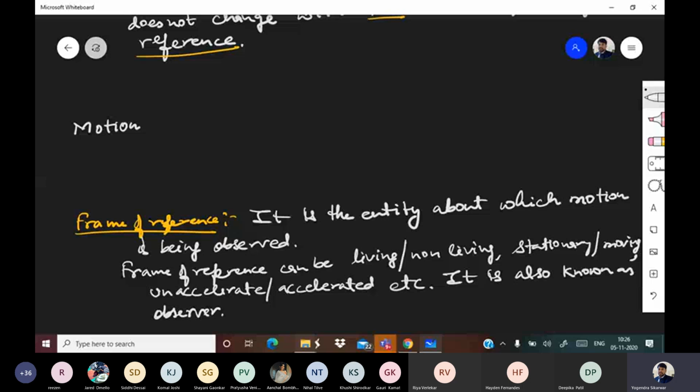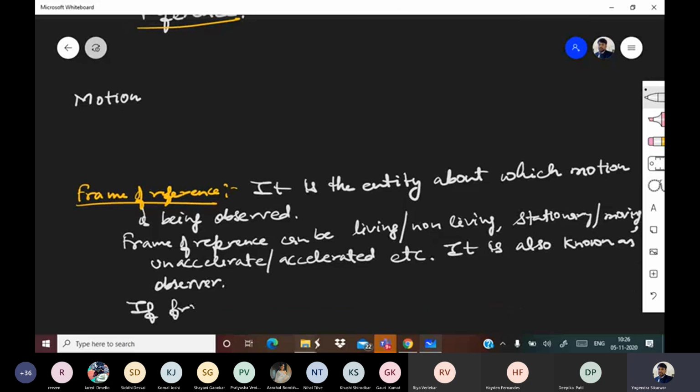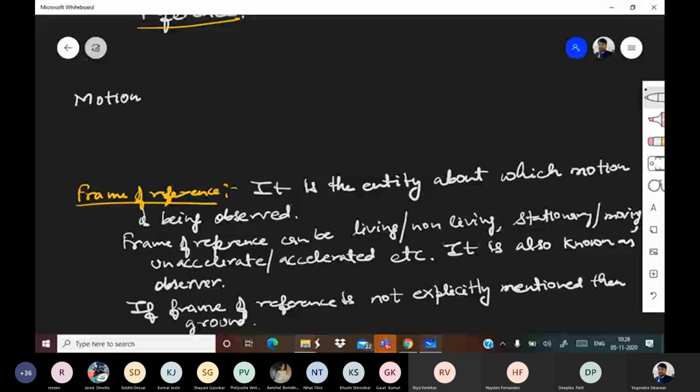If frame of reference is not explicitly mentioned, then ground should be taken as frame of reference. Okay, ground means earth. All right.